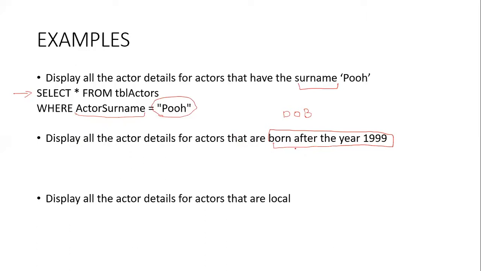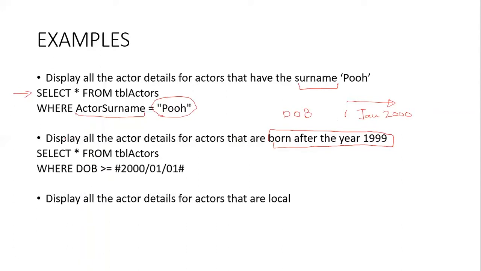So if you were born after 1999, it means it starts on the 1st of January 2000. So we want all the actor dates from the 1st of January 2000 onwards.